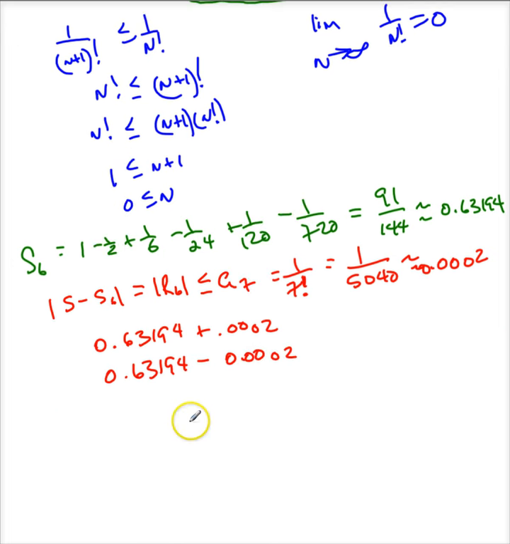So you can write this as 0.63174 is less than or equal to s, if I've added my numbers correctly.